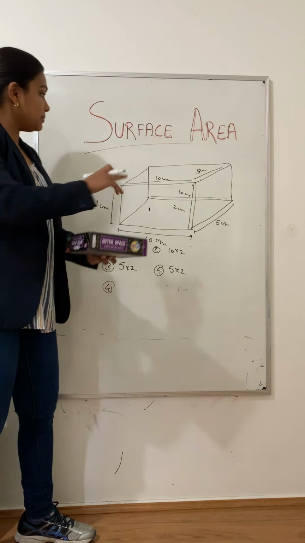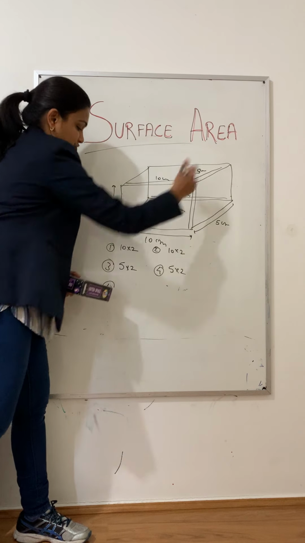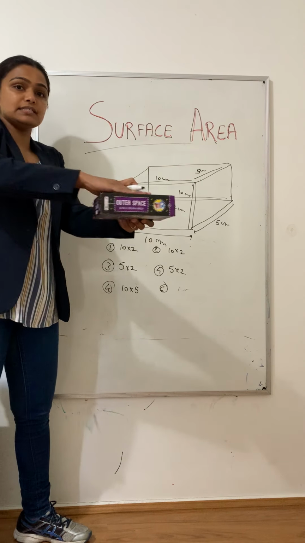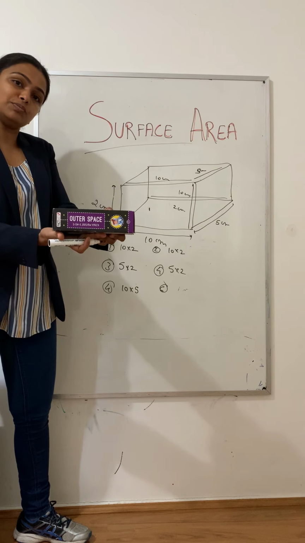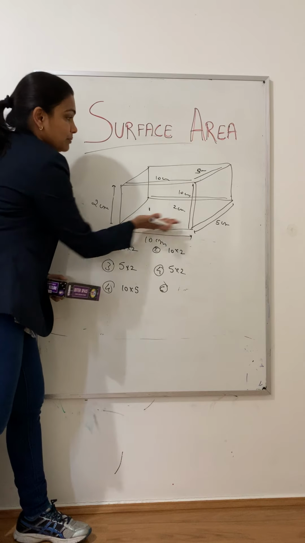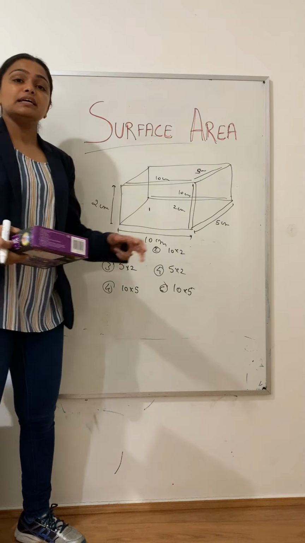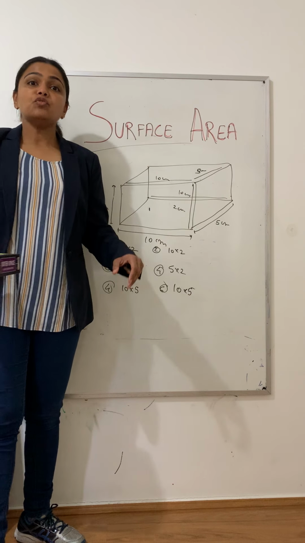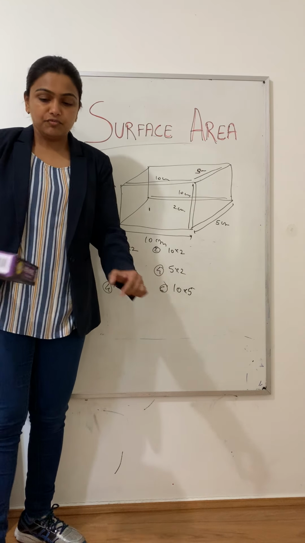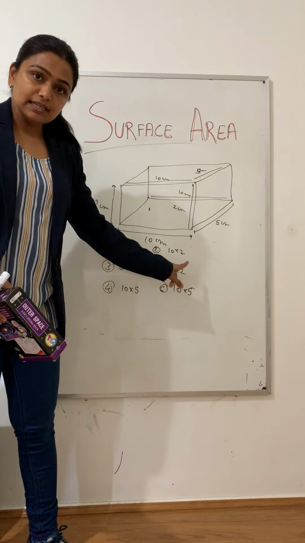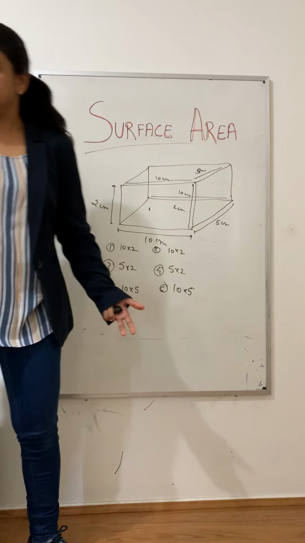Now top, 10 times 5, and similarly if this is 10 times 5, then this will also be 10 times 5. The bottom face, it will be 10 times 5. These are the areas of individual rectangles. We need to find the surface area of this box, calculate them and add them together.